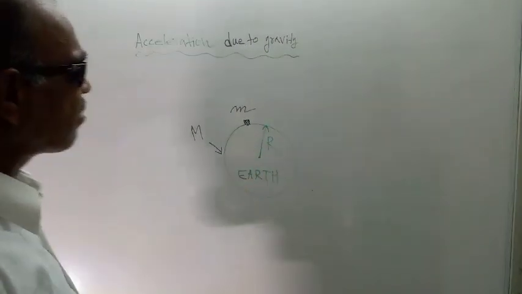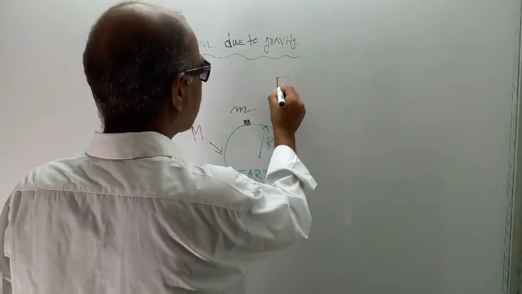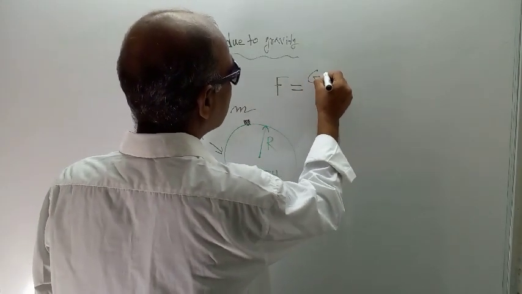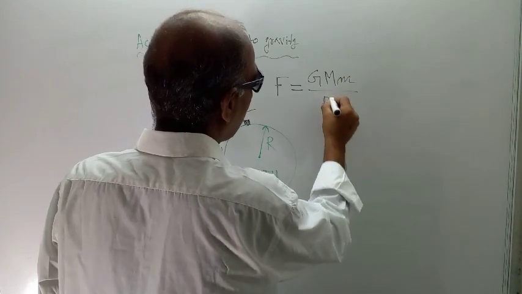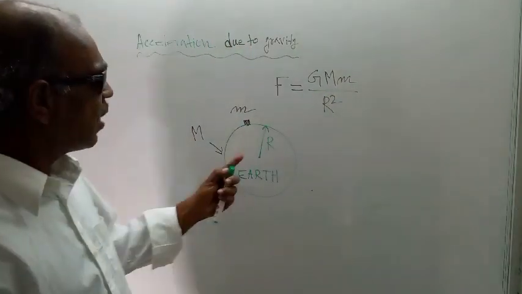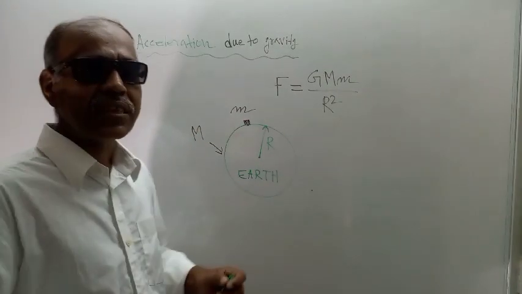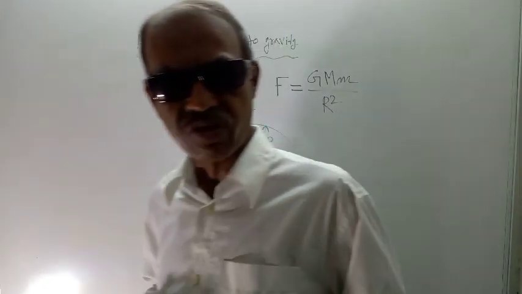Therefore, what is the force of attraction between them? If the force of attraction is denoted by capital F, then capital F is equal to capital G, capital M, small m divided by R square. Here, at the center of the Earth, this point, the entire mass of the Earth is assumed to be concentrated.